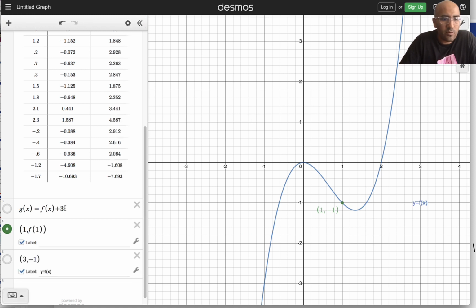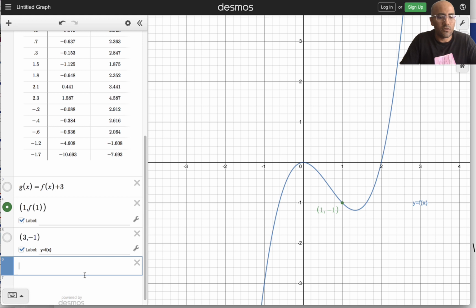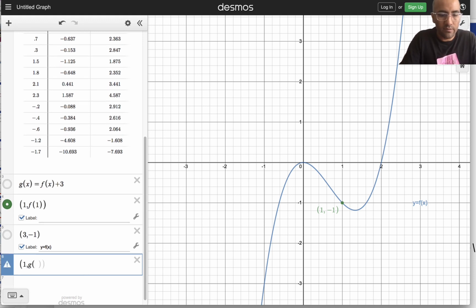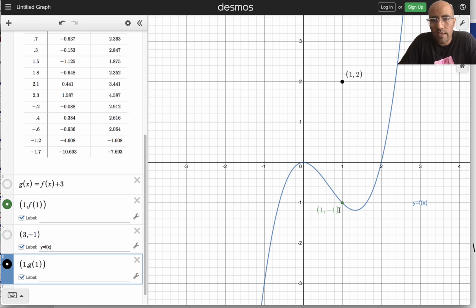Okay, so now let's explore what happens as we evaluate the new function, g of x, equal to the old function, f of x plus 3, at the exact same point of 1. So at 1, we end up with 1, comma, g of 1. Label it. And notice what happens.